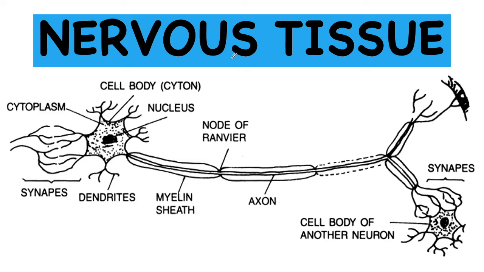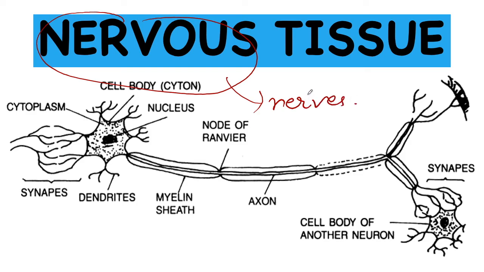Now our next tissue is nervous tissue. Its name suggests that this tissue is made up of many nerves, and it is found in the brain, spinal cord and nerves. It is composed of neurons. Neurons are the structural and basic unit of this nervous tissue.